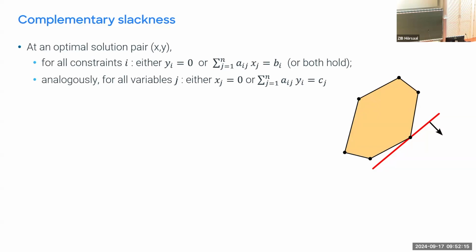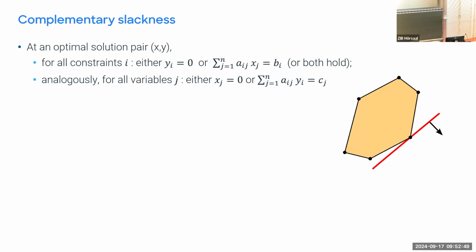So if I have a pair, an optimal solution pair x, y, so a primal dual solution, then I know that for all constraints, it holds that either the multiplier is 0, or if it's not 0, then actually the constraint must be tight. So if I have now a non-zero multiplier here, for instance, this means that actually the inequality here must hold with equality in the optimal solution, which is the case. The optimal solution is exactly on this line.